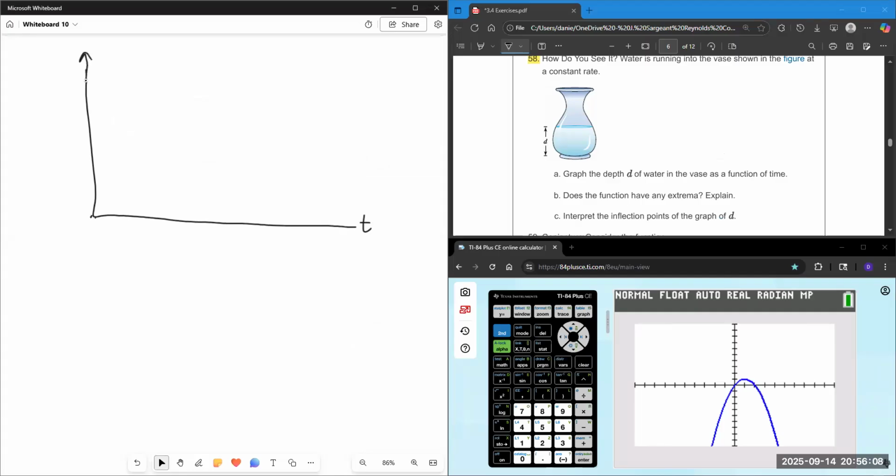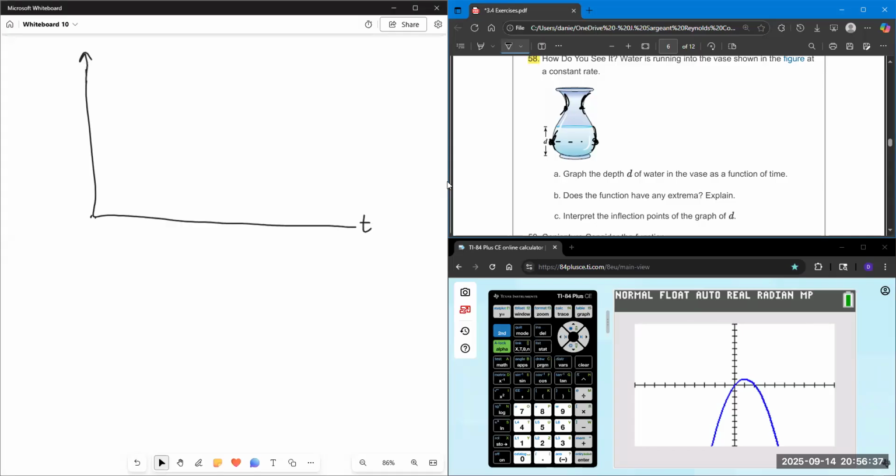I'm going up. So the depth is going to see how it reaches this bulge here, and then it has another turn there. So these are going to be interesting points to me where these turns are in the vase, both where it turns in and where it turns back out here.